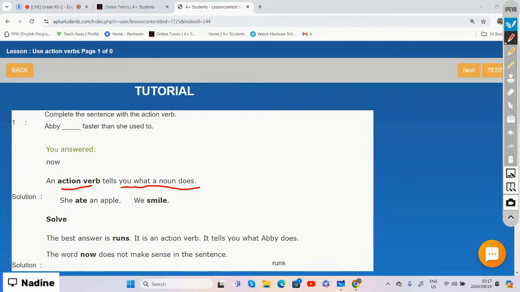Remember, read is also an action. It tells us you're doing something.